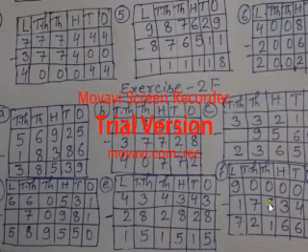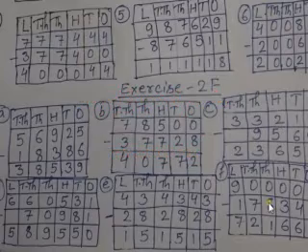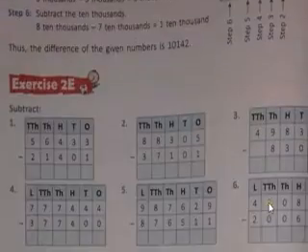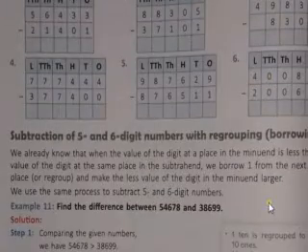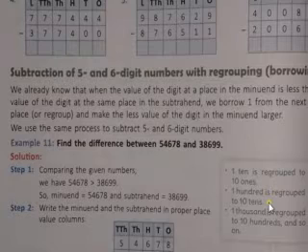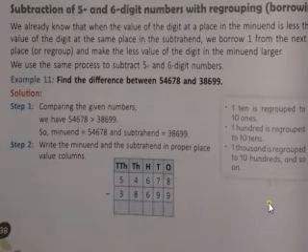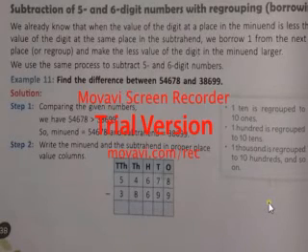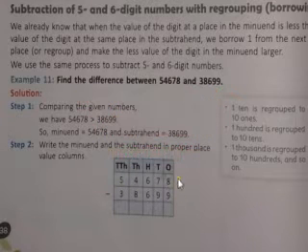Before explaining 2F, I will explain the text of 2F. So if you will see just below, subtraction with regrouping, that is borrowing when the number is smaller. If you will see over here, 8 is smaller and 9 is bigger. Now in ones place it is bigger. Actually the whole number is not smaller, but only the ones digit, meaning the ones digit is smaller than the subtrahend's ones digit.